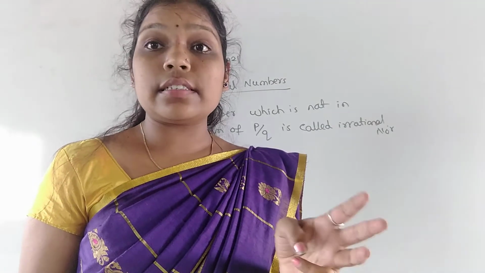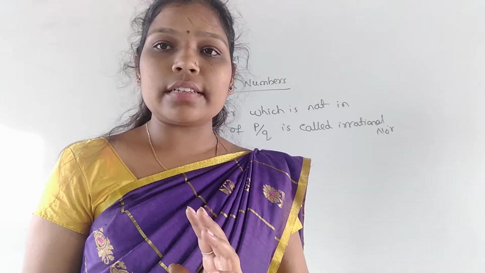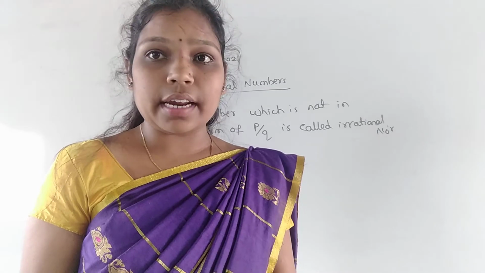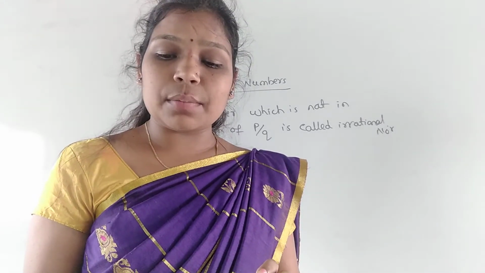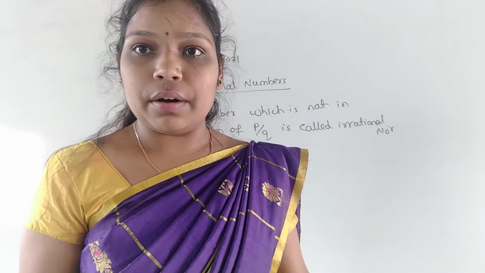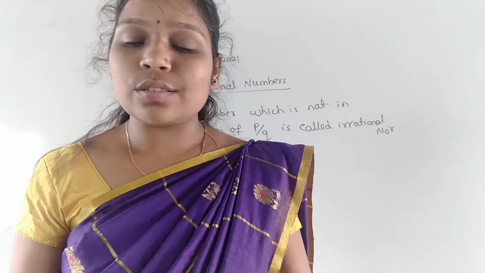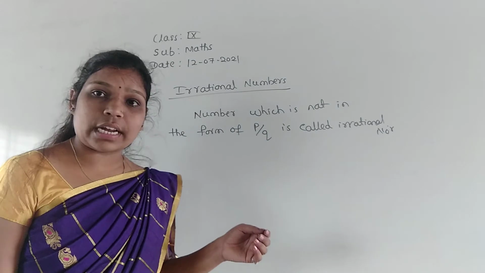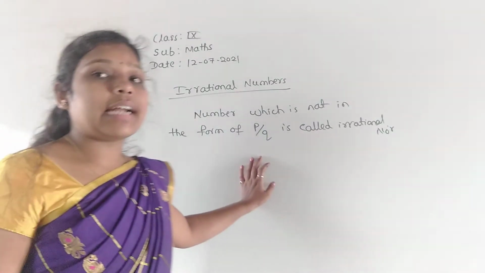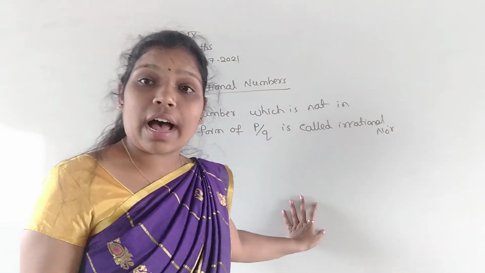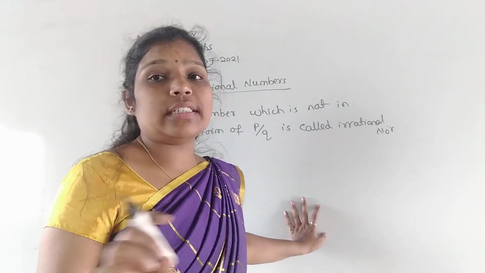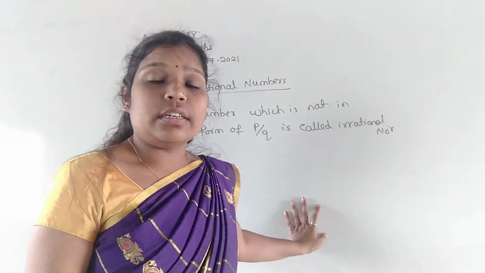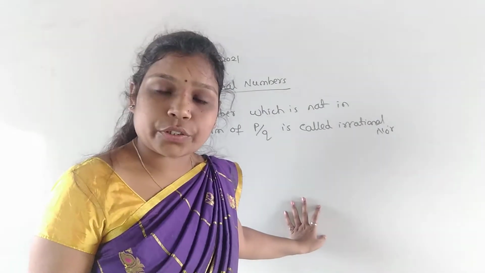No, because 3 is not a perfect square number. For that reason, we can't get root 3 exactly. So root 3 is an irrational number. We can't write it in the form of p by q. So root 3 and root 5, even root 2, are called irrational numbers.